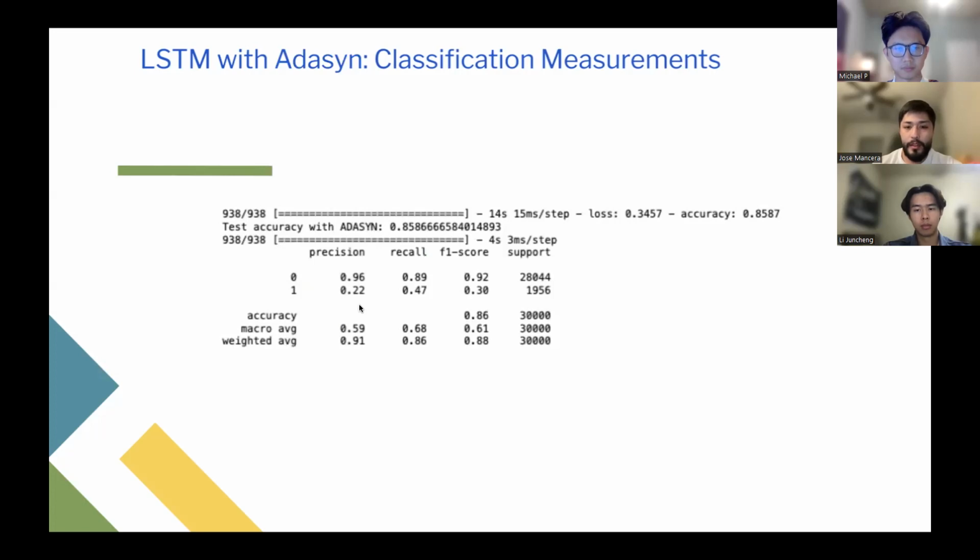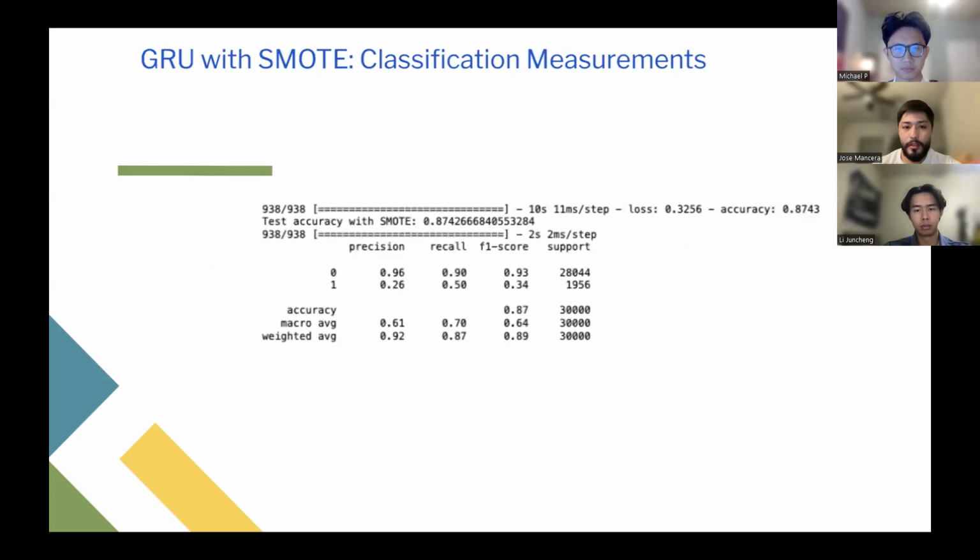This one was the worst one out of both LSTMs. And with the GRU, the next one will be the best one, but even then, the recall never got super high either.